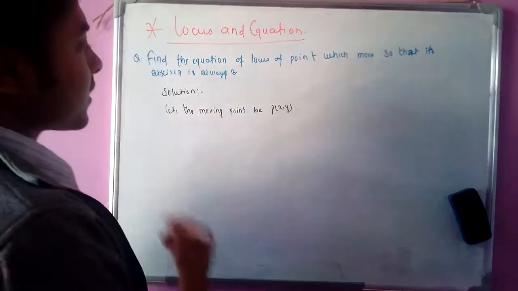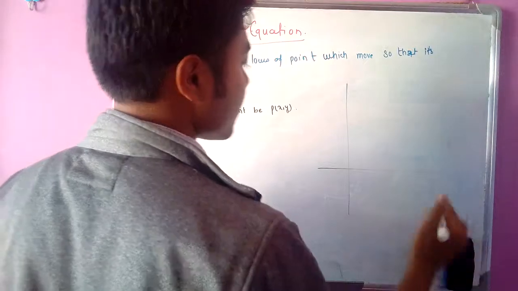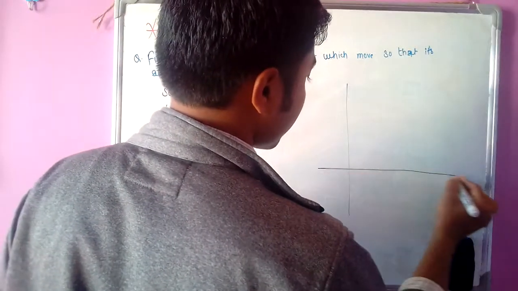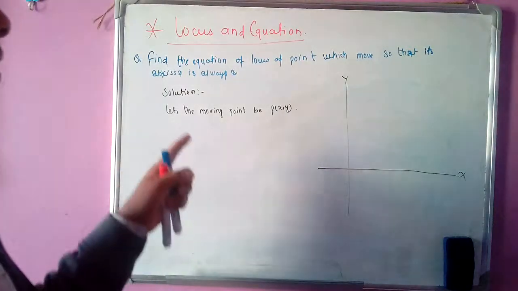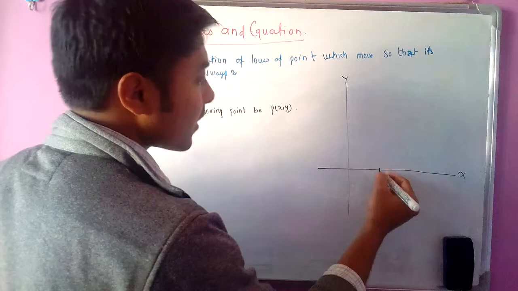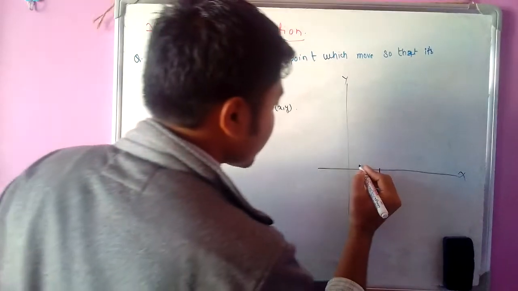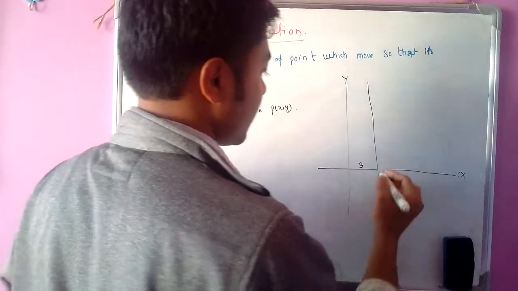Let's take the x-axis and the y-axis. We are given the condition that the abscissa is always 3. Abscissa is the x coordinate, so this distance is always 3, and this is the locus.